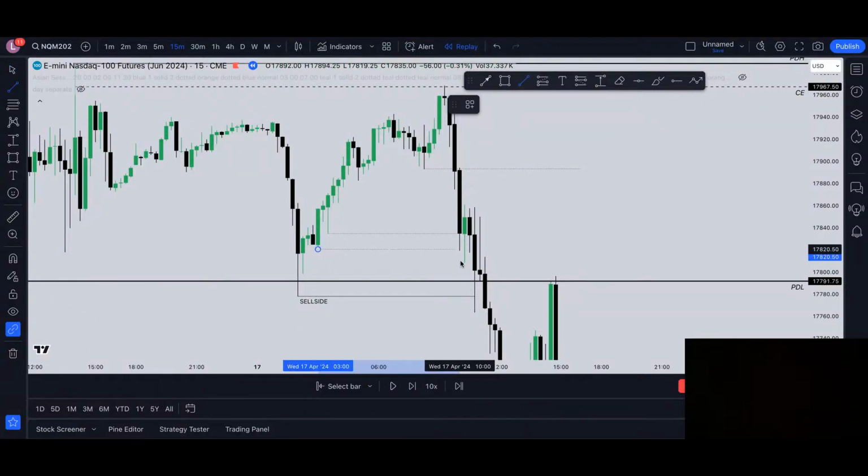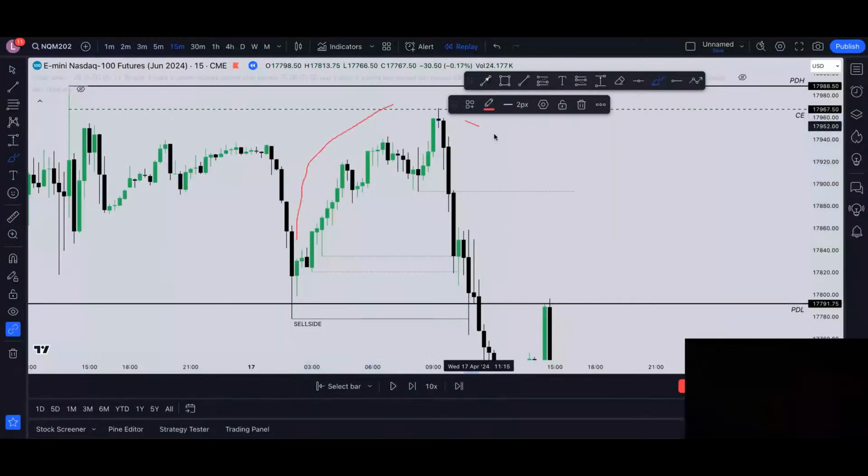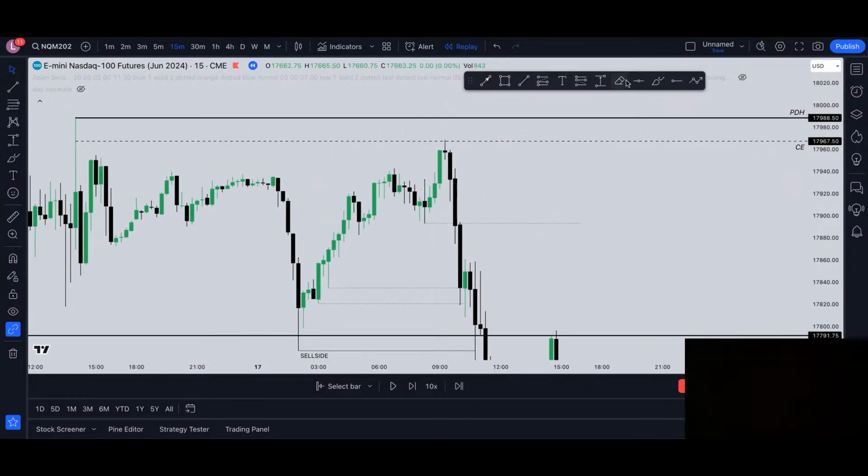Another sell side. Almost completed the whole buy side of the curve, sell side of the curve. Market maker model. This was your smart money reversal.